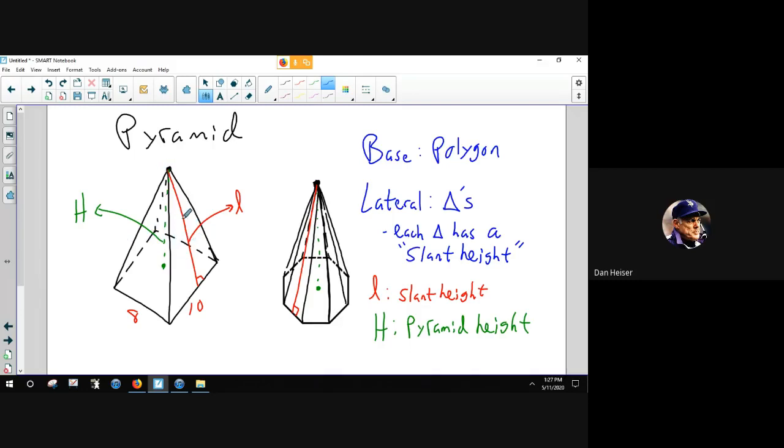All of these triangles, all 4 of these triangles, all 8 of these triangles must all have the same slant height. You cannot have a pyramid with different slant heights. That would look really weird. All the triangles along the lateral faces have to have the same height.